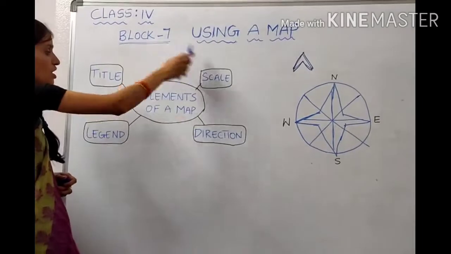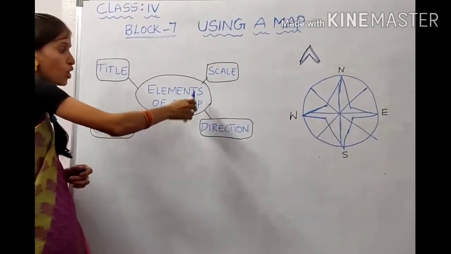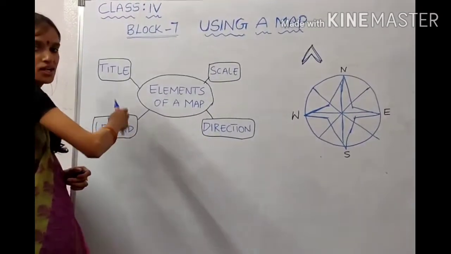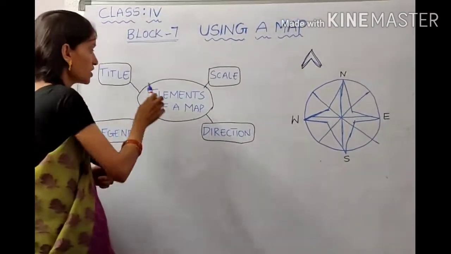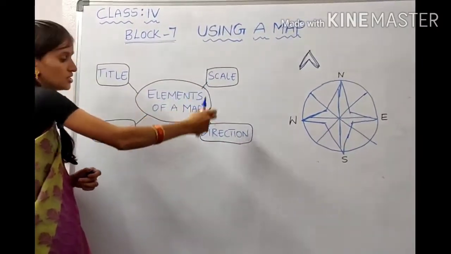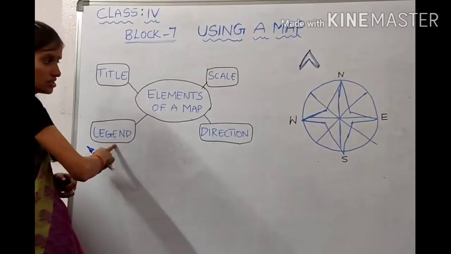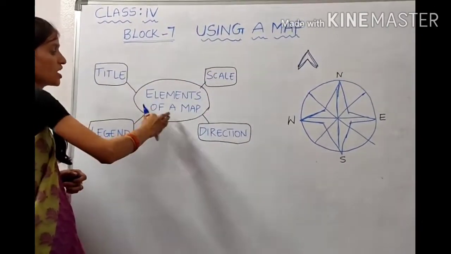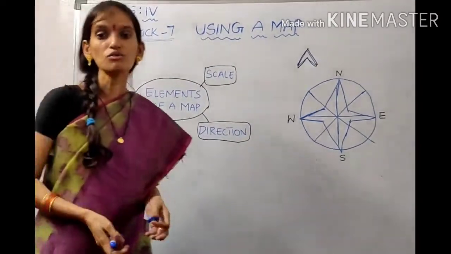All these are called elements of a map. Repeat after me, children, again: title, scale, direction, legend. All these are called elements of a map. What are elements of a map?